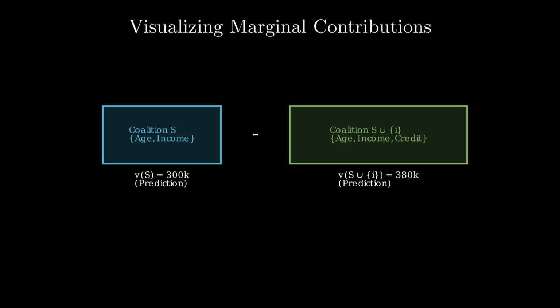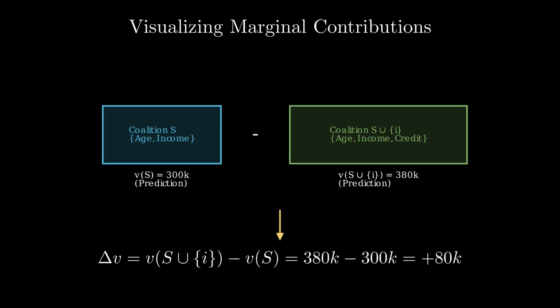With credit score included, the model prediction shifts to $380,000. The raw difference between these two predictions, $80,000, is the isolated marginal contribution of credit score to this specific group of features. But this is only one potential combination. To be truly fair, we must test all combinations.